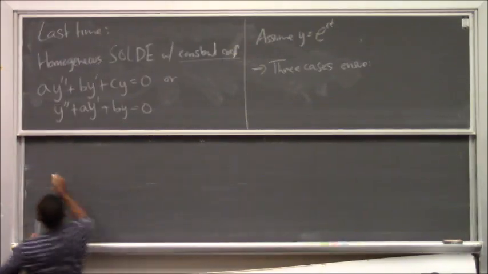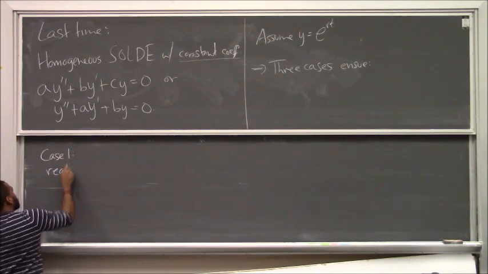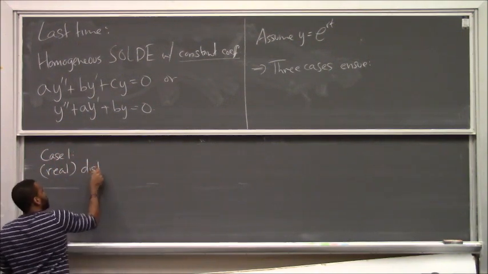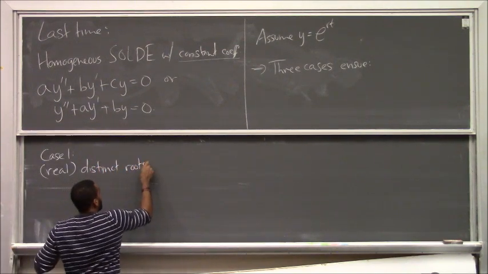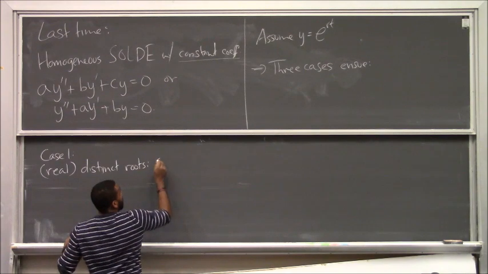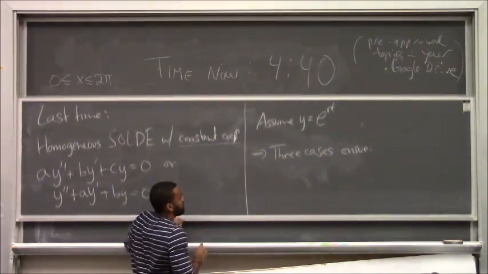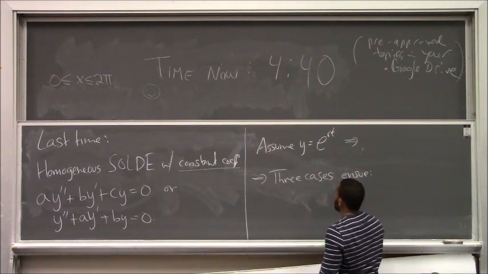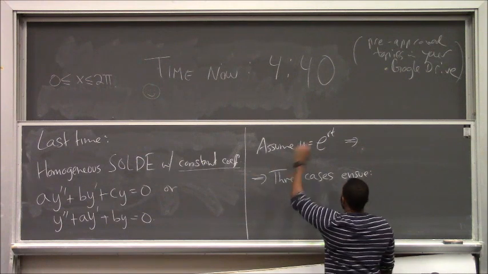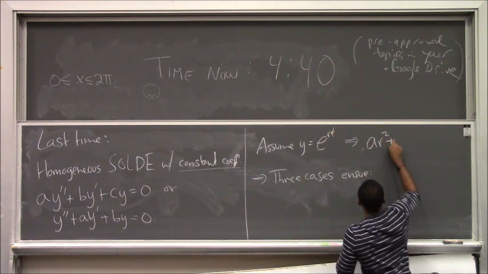What is the first case? Real distinct roots. Right, so you have 2 roots. If I assume this is y and plug into the equation, I'm going to get a quadratic equation.